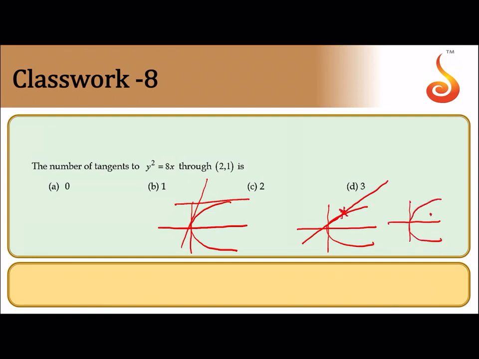If it is inside the parabola, no tangent is possible. Similarly, we write S11 is greater than 0, S11 is equal to 0, and S11 less than 0.